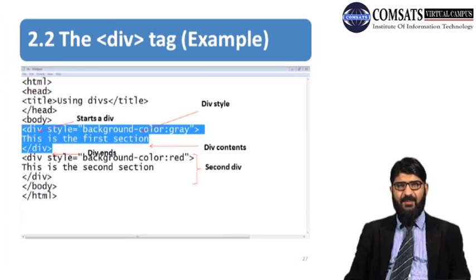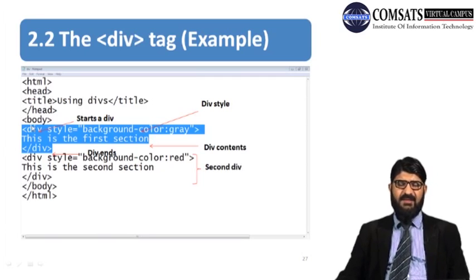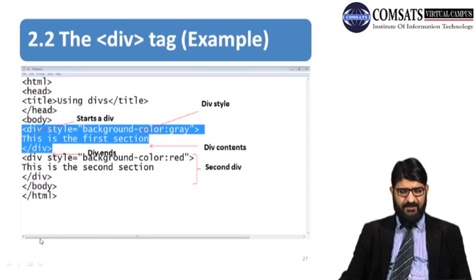Now see the example of the div tag. We are going to create an HTML code file. The HTML start tag is written, then the HTML head is mentioned, then the title of the web page using div is given, the head tag is ended, the body is started, and the div tag is mentioned inside the body tag.